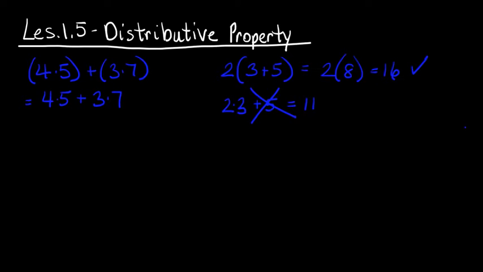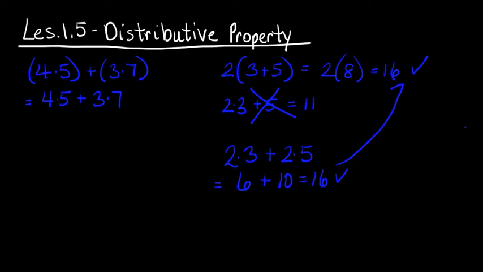So if I distribute that 2 across, the problem would work out as 2 times 3 plus 2 times 5. We know that 2 times 3 is 6, plus 2 times 5, which is 10, and that equals 16. And look, we confirmed it.